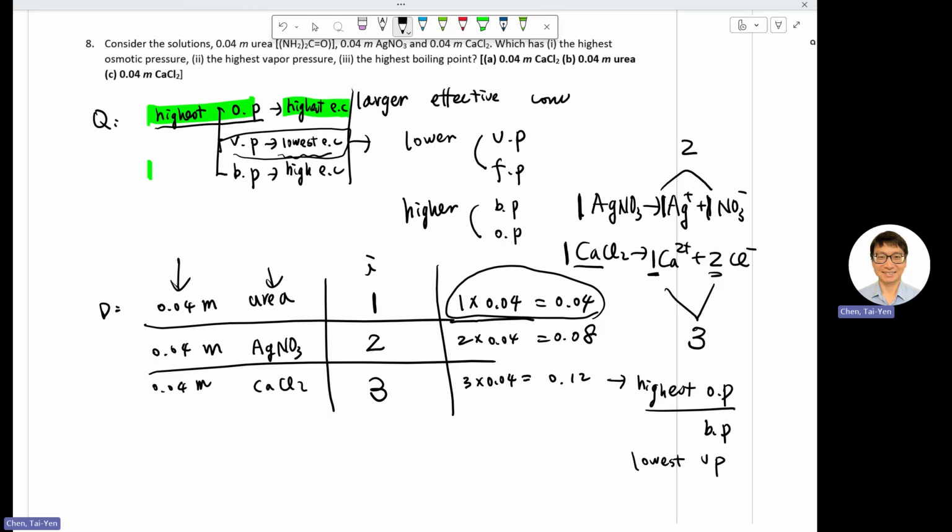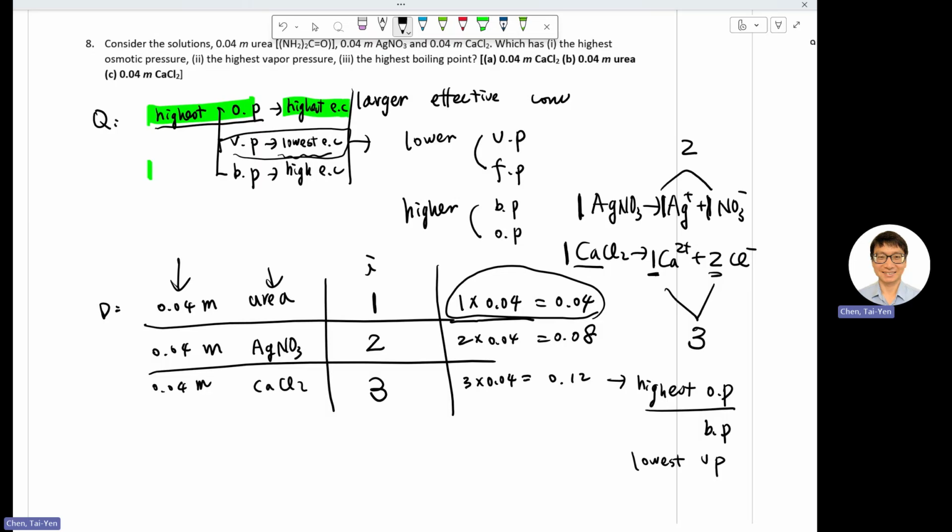The second question is, when you were solving for urea, where did you get the coefficient from? Because there's an equation up there. If you want an i other than 1, you must have a cationic species and an anionic species. If you look at the formula of urea, it's only oxygen, nitrogen, and hydrogen.